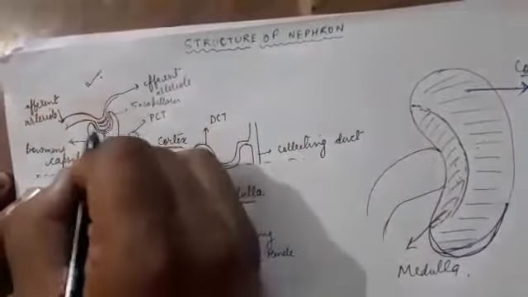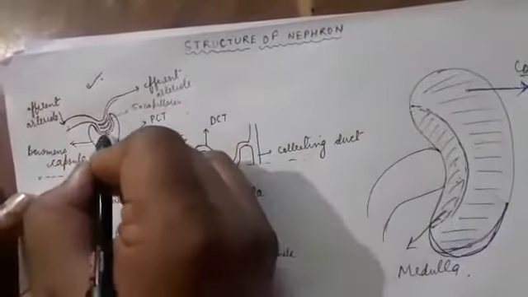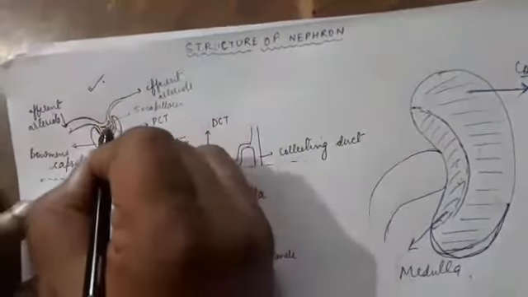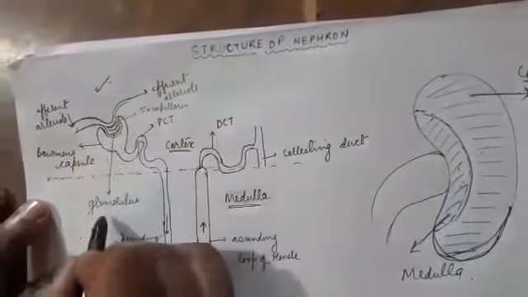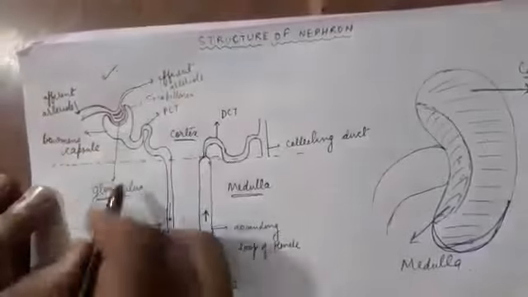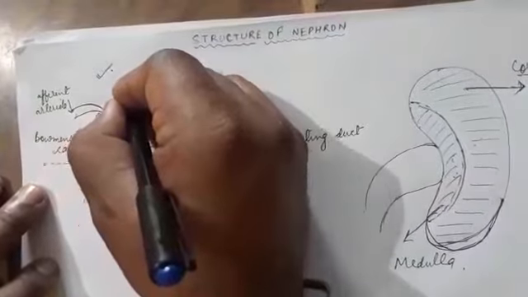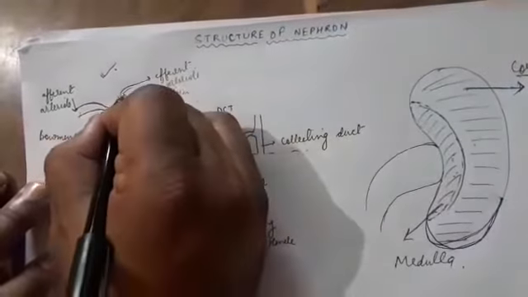Around 50 capillaries are in this cup-shaped cavity, and this tuft, this bunch of capillaries, forms the glomerulus. And when the arteriole comes out of it, its size reduces.